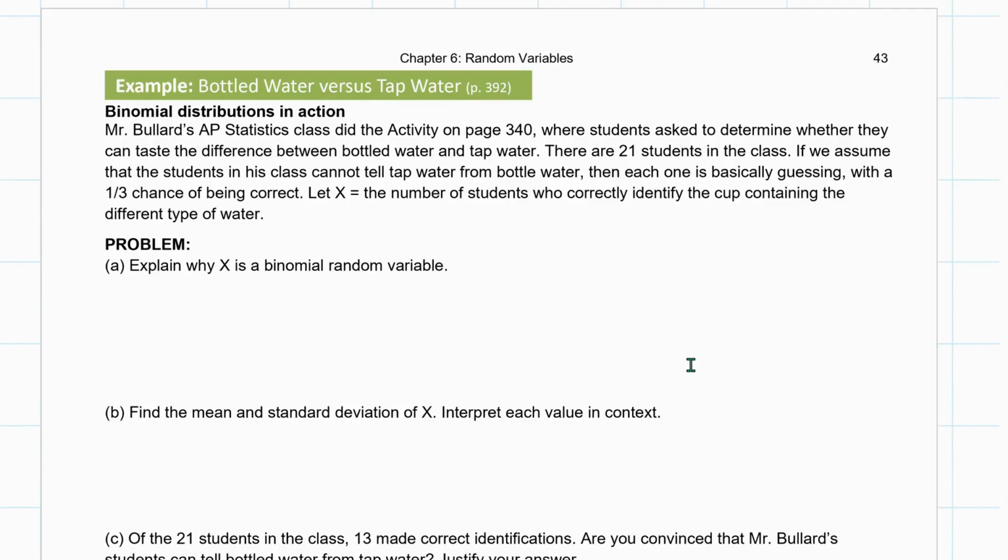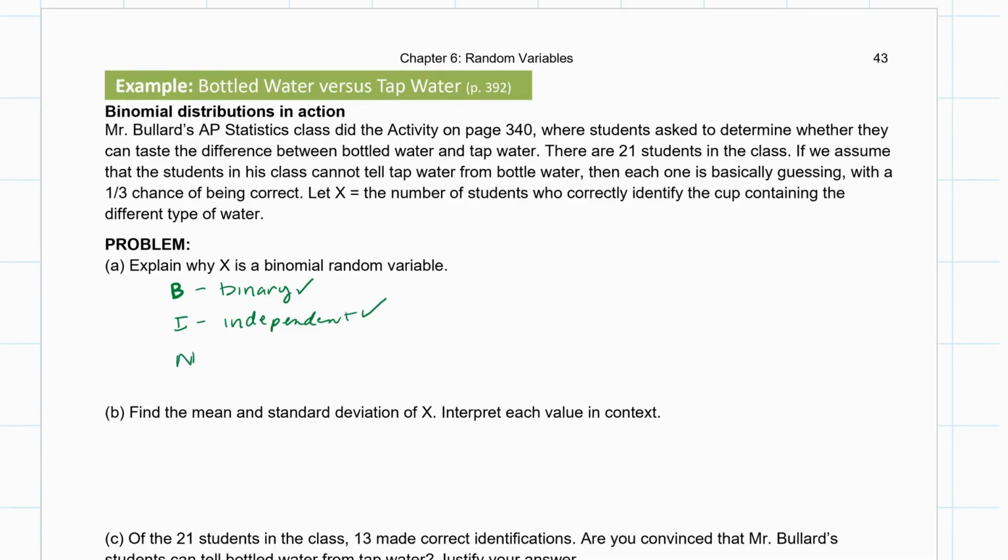I'll explain why this is a binomial random variable. B, it's binary, either you're right or wrong. Binary, give yourself a check mark. I, each trial is independent, meaning one trial does not affect the other trials.